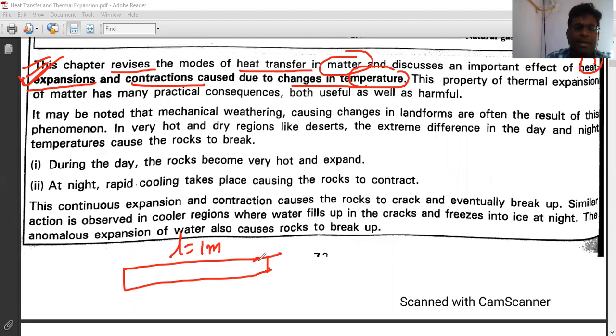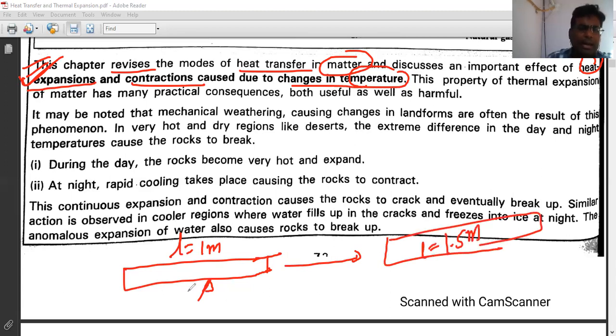If you want to expand its length, by heating it, its length will increase from 1 meter to, say, 1.5 meters. And if you want to decrease its length, it will contract, and its length will decrease to, say, 0.5 meter. So by heating and cooling you can do expansion and contraction.